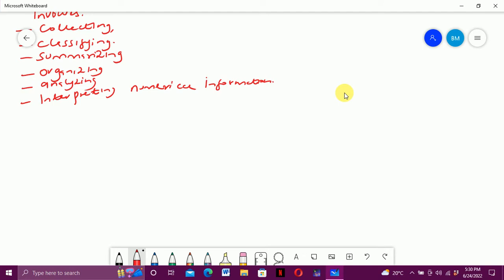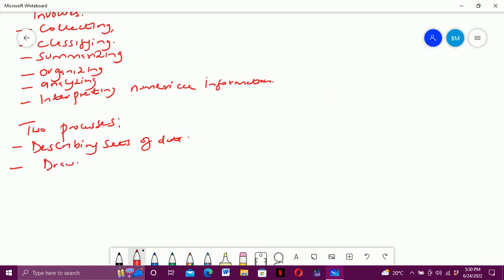Now, statistics involves these two processes. The first process is describing sets of data. Then it also involves drawing conclusions.